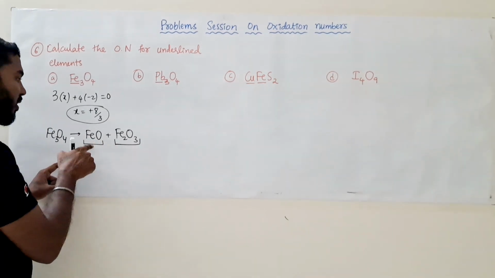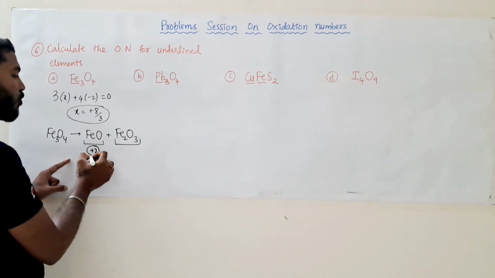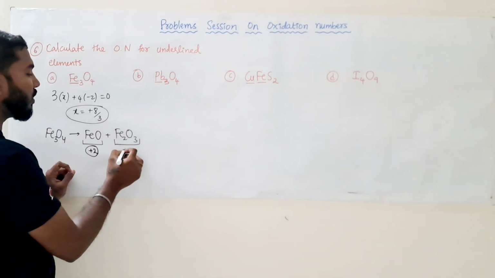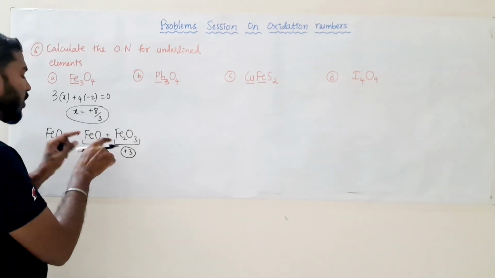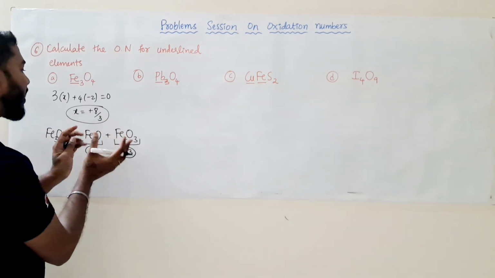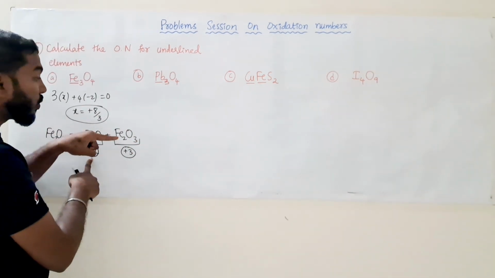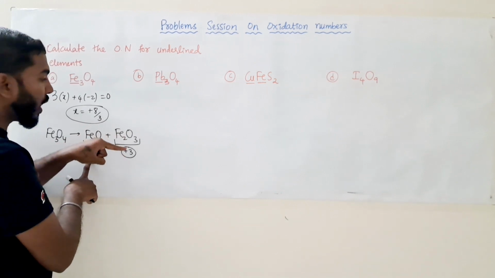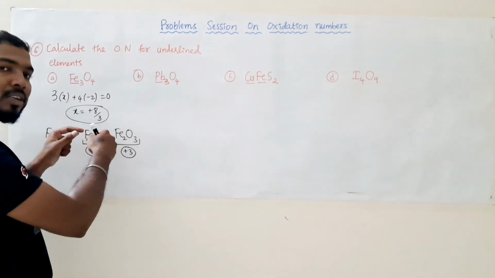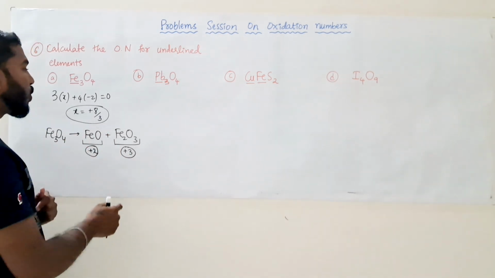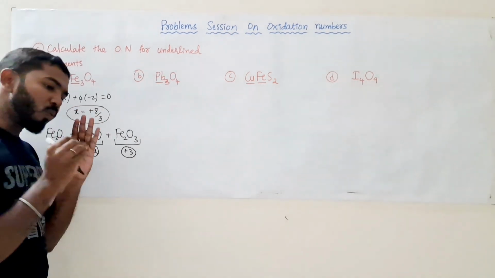The oxidation number of iron in ferrous oxide comes out as +2, and in ferric oxide it comes out as +3, by the normal oxidation number method. If you take the average oxidation number, for one iron it is +2, for two irons it is +6, so +6 plus +2 is +8, divided by the 3 iron atoms we have. Altogether we are going to get 8 by 3. So sir, what is that?